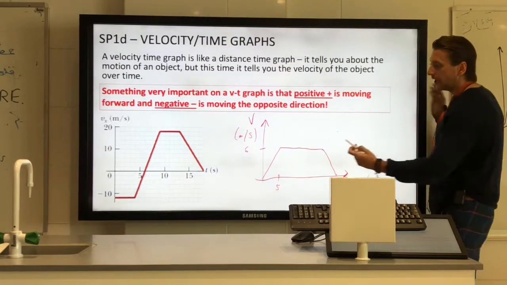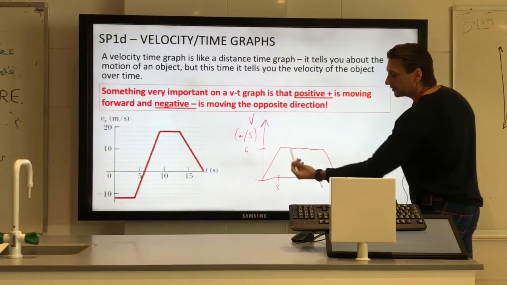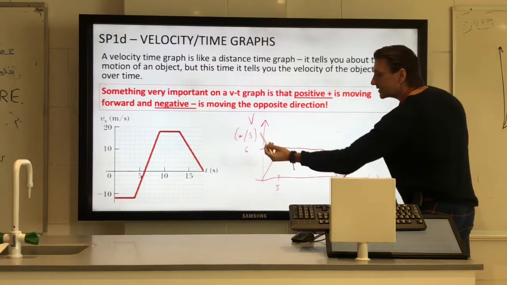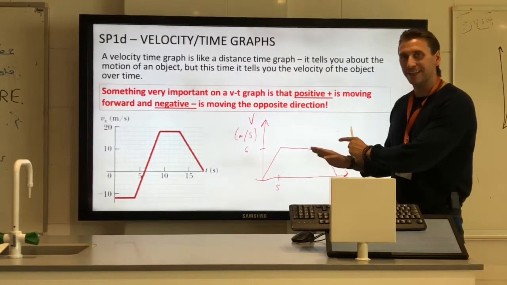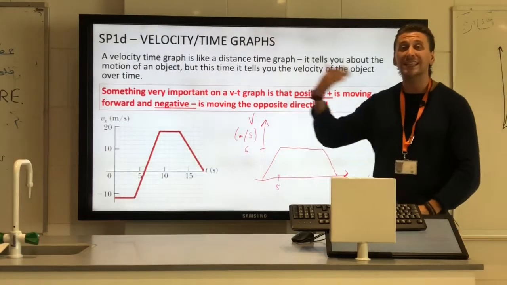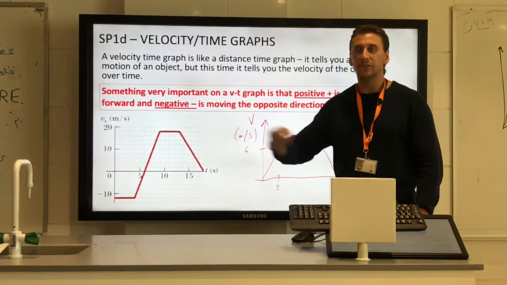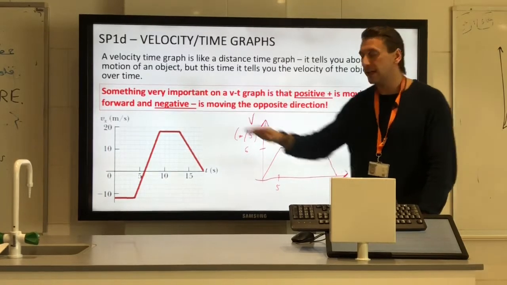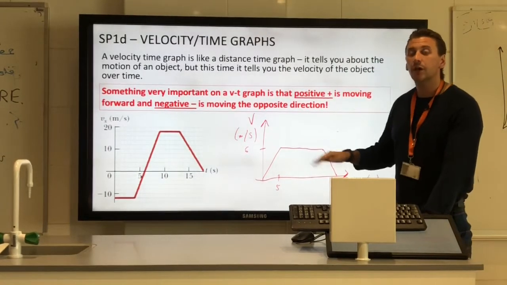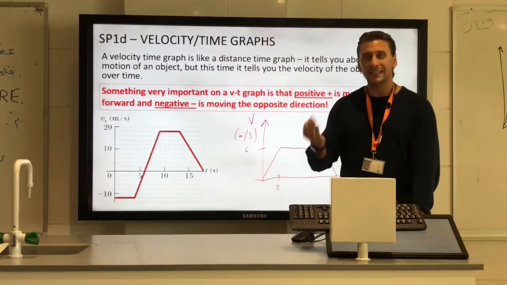So if you get a horizontal flat line in a velocity time graph, then the velocity is constant, which doesn't mean it's not moving. It is moving because it's traveling at 6 meters per second. So it's definitely moving, but it's moving with a constant speed. Velocity doesn't change, which means that it's not accelerating.